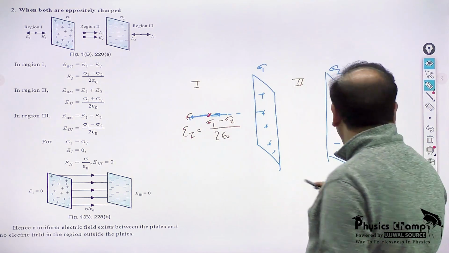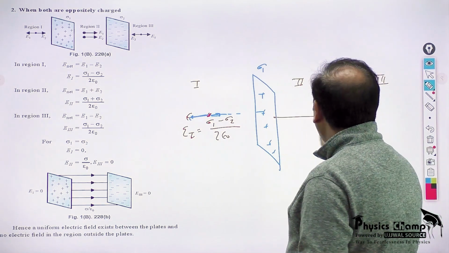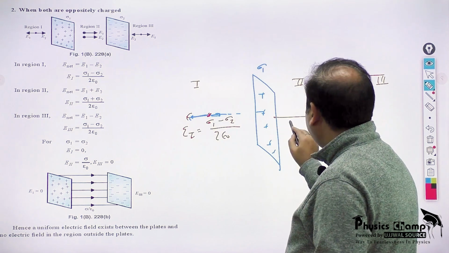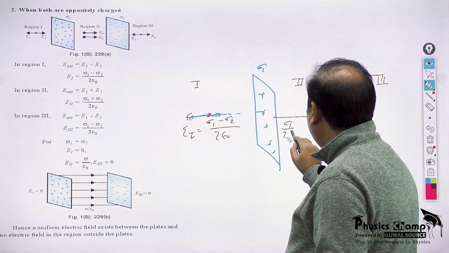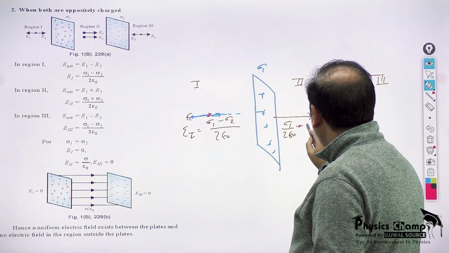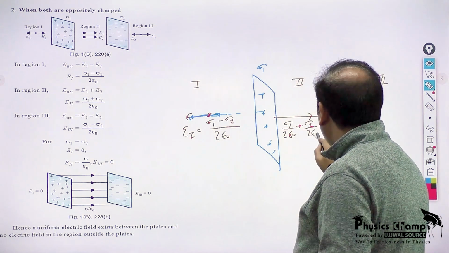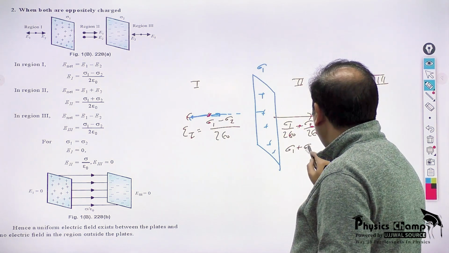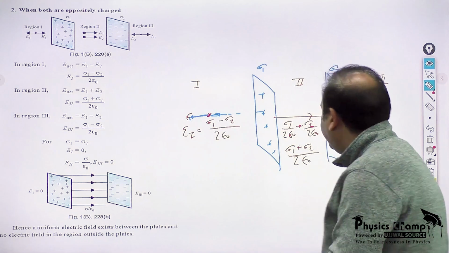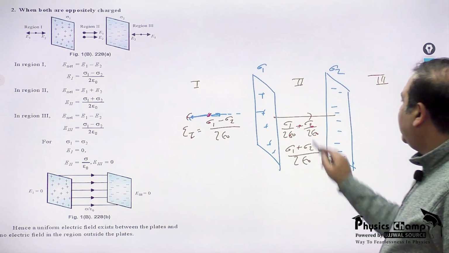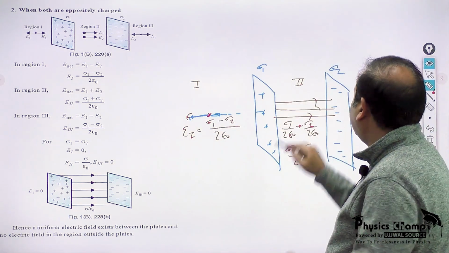And in the central region, due to this positive it will be sigma 1 by 2 epsilon naught, and due to this negative it is sigma 2 by 2 epsilon naught. So here they are getting added, and it is in this direction, positive to negative.